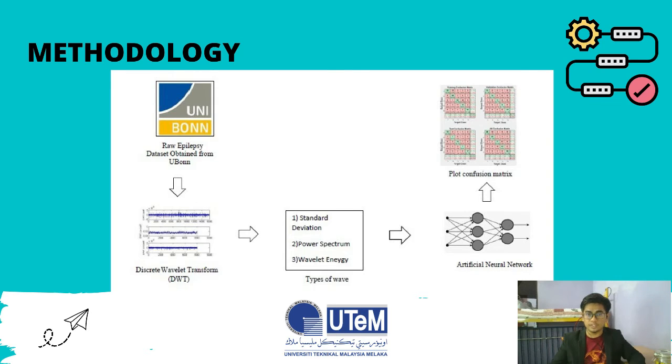Following that, we will experiment with other waves such as power spectrum and wavelet energy to compare the accuracy result in the confusion matrix. After completing the data processing, the input and target will be loaded for training and validation by using the artificial neural network. Then, using the wine classification, the confusion matrix will be plotted.